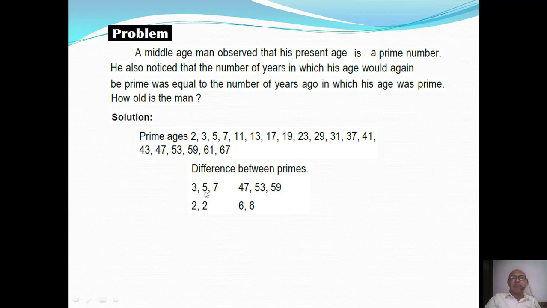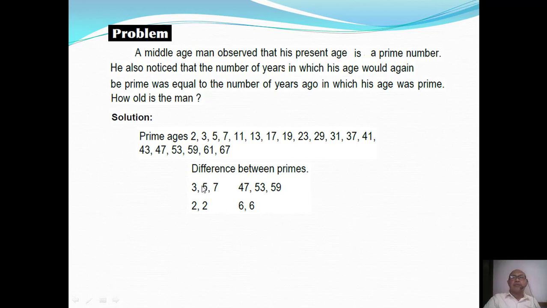And the succeeding prime number is 7, we have also 2 years. Also, we have 53, in which the preceding prime number is 47, we have 6 years ago. And the succeeding prime number age is 59, which is also 6 years from now.